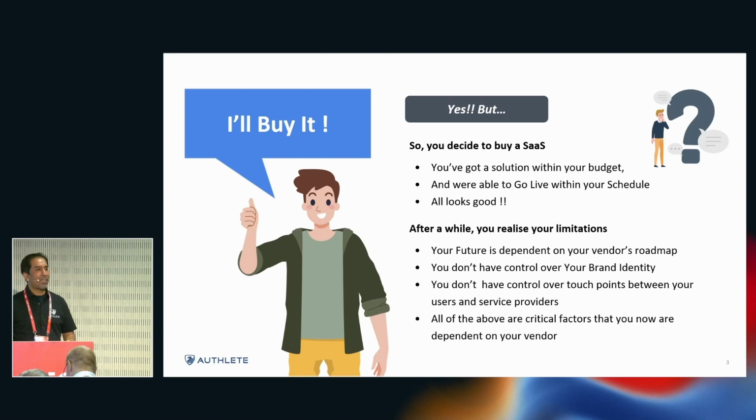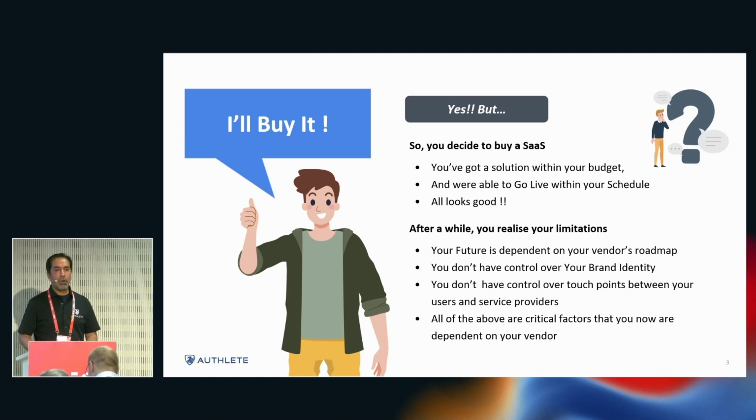So when you want to make a change, or support a new feature, you go back to your vendor and ask, can you support this, or can you support that? Sometimes the vendor is like, yeah, sure, we'll do that for you. Or sometimes they'll be like, well, we can't do it right now because it's not on our roadmap. And then you start to realize that, okay, I guess I'll just have to wait.